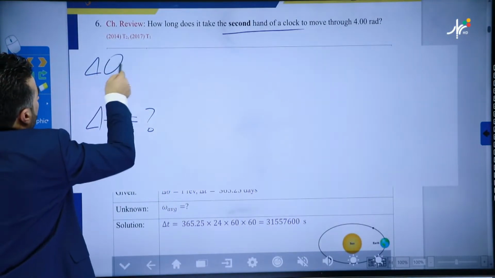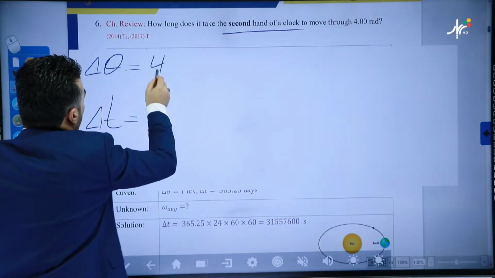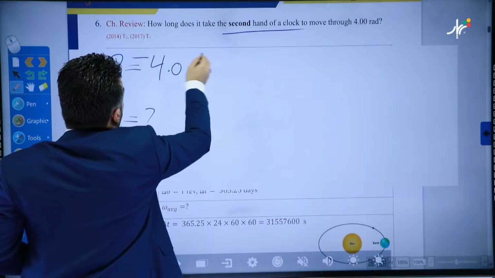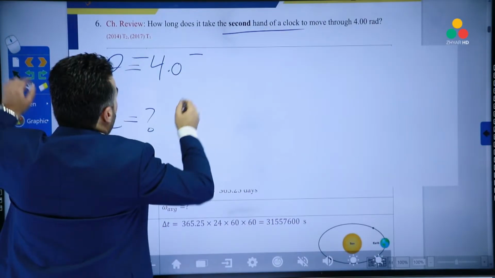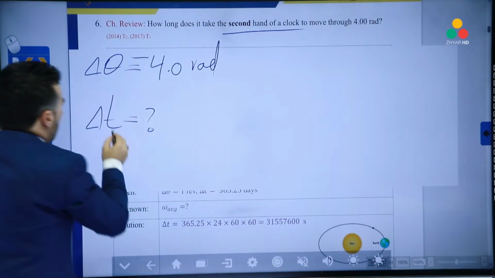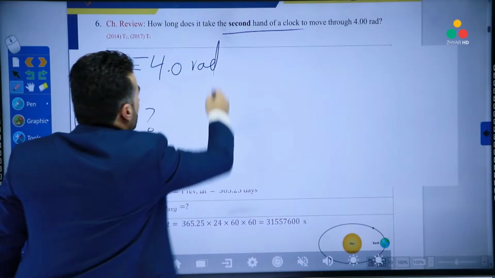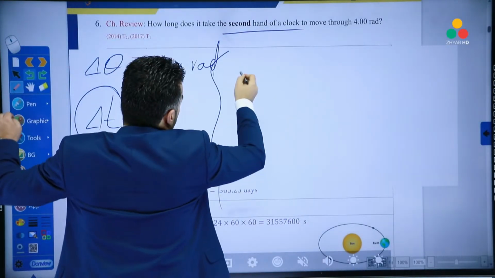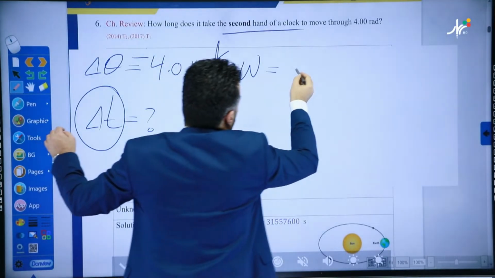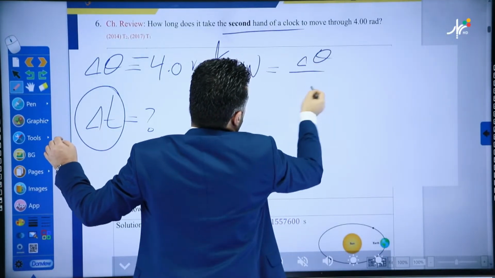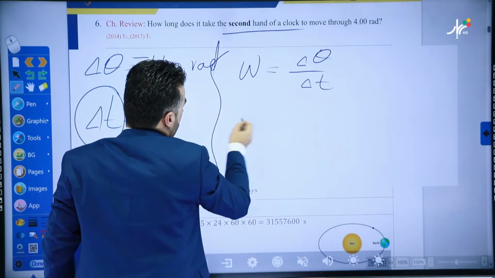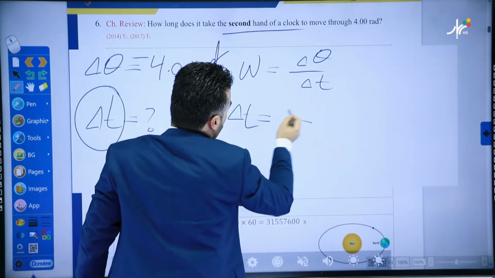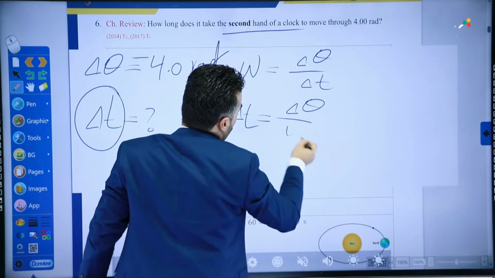That is basically angular displacement, which is negative 4 pi radian. Okay, now, in order to calculate the time, what do I need? I need angular speed, right, equal to angular displacement divided by the time. In order to find the time, delta t equals angular displacement divided by angular speed.